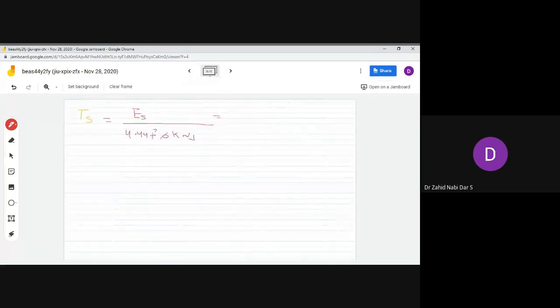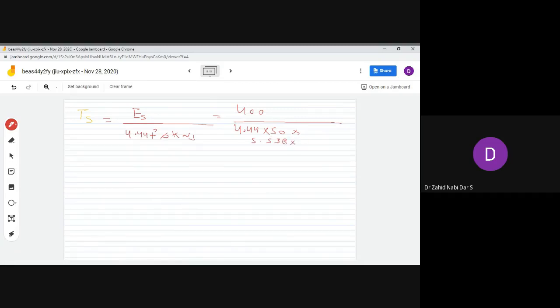So this is 400 divided by 4.44 into F is 50 into the flux you just calculated, 5.538 into 10 power minus 3, into kWs value given as 0.955. You get a fraction, but you have to take the nearest integer. So the number of turns here would be 341 if you calculate.